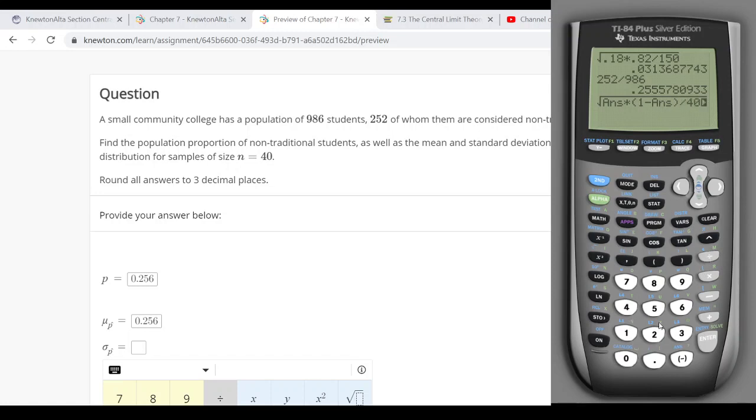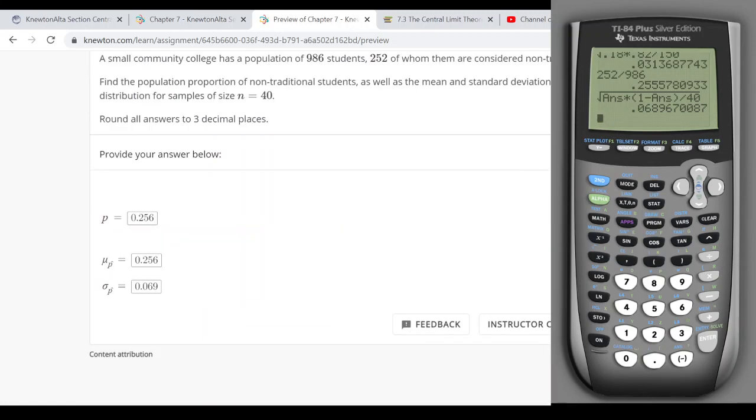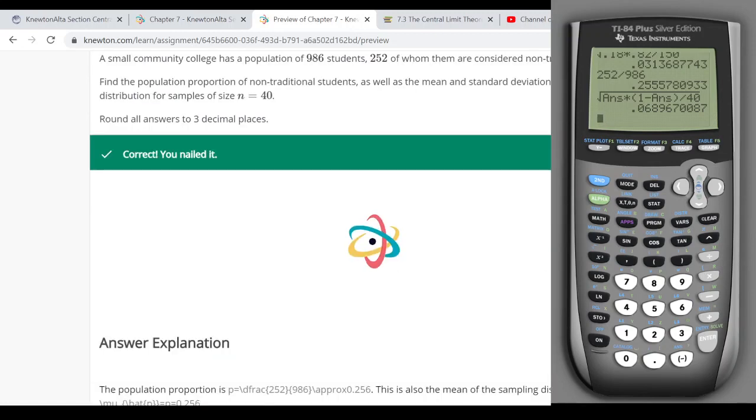And again, make sure all of that is inside the square root. And we're getting a standard deviation of 0.069, right, if I'm rounding to 3 decimal places. So 0.069. Wonderful. Okay.